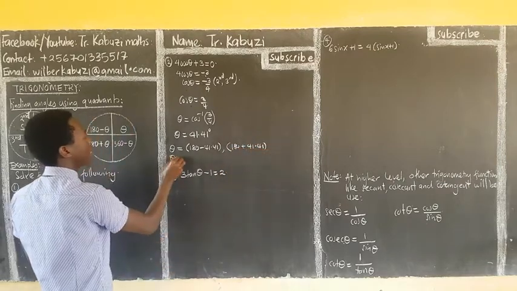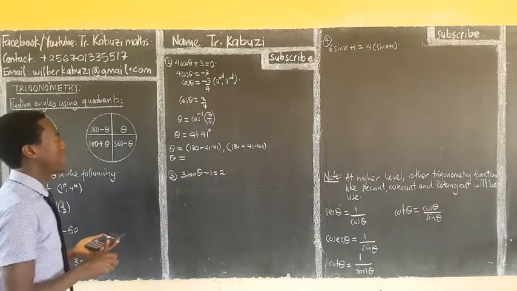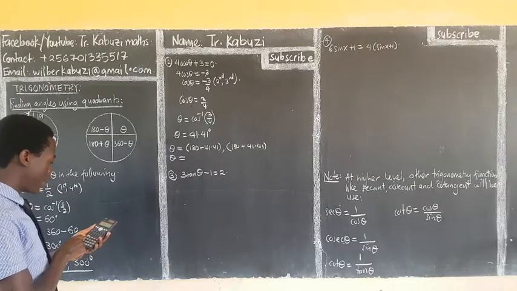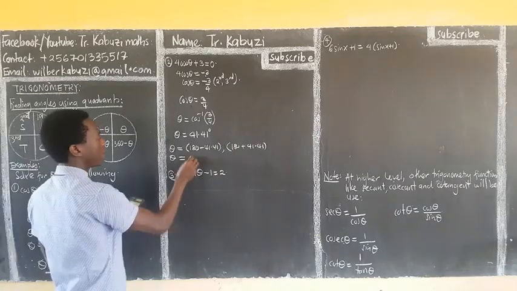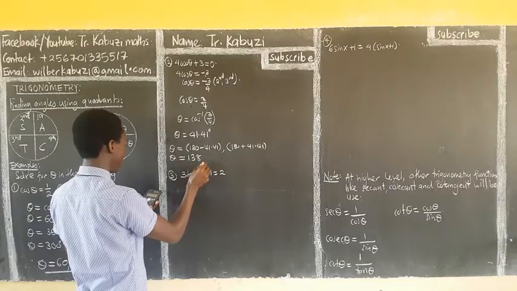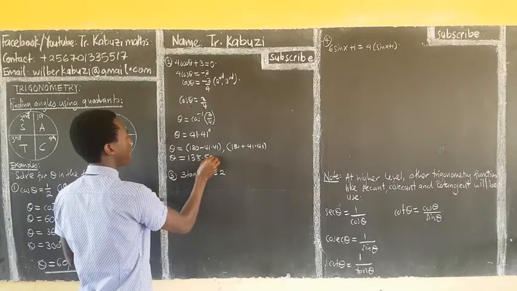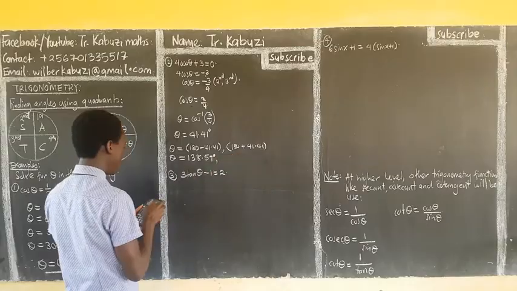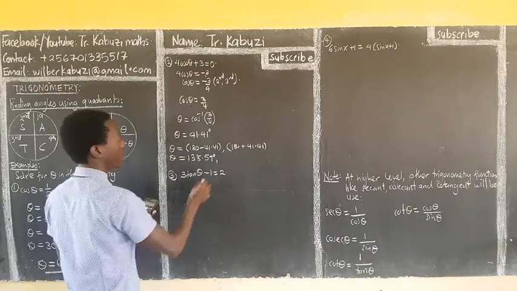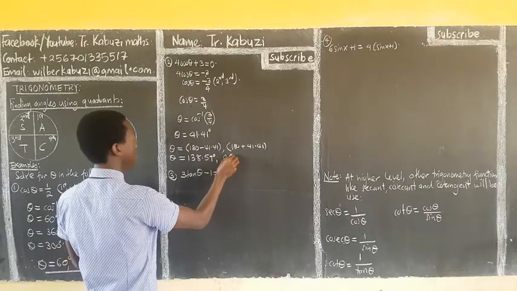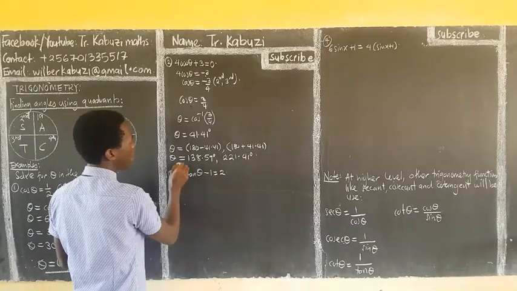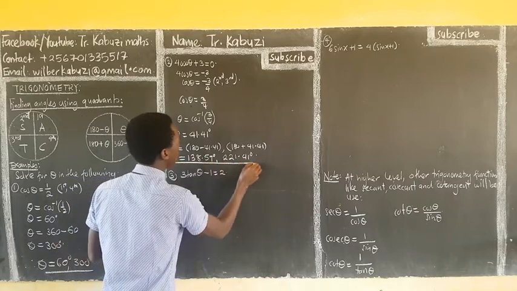You just simplify: 180 minus 41.41 is 138.59 degrees, and 180 plus 41.41 gives 221.41 degrees.